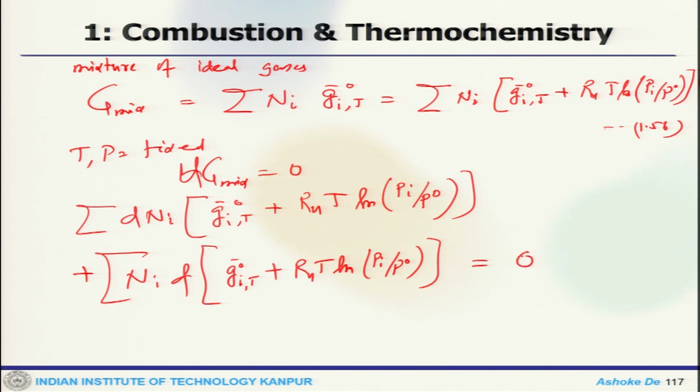So, that is 0. This is your 5.7, and this is 5.8. That will get you the equilibrium condition.